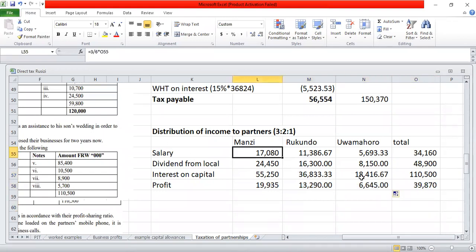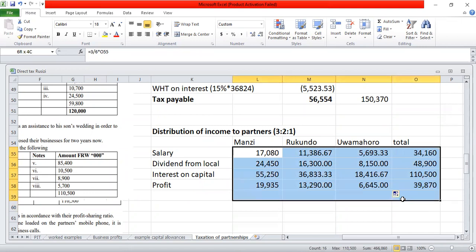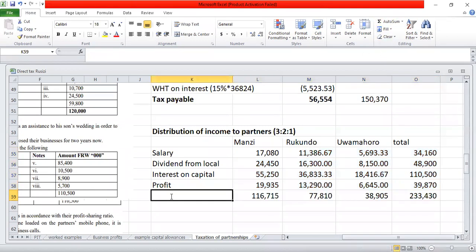Then I can have the total shares. So that is how I'm going to distribute the income among the partners. I don't know if you have a question.